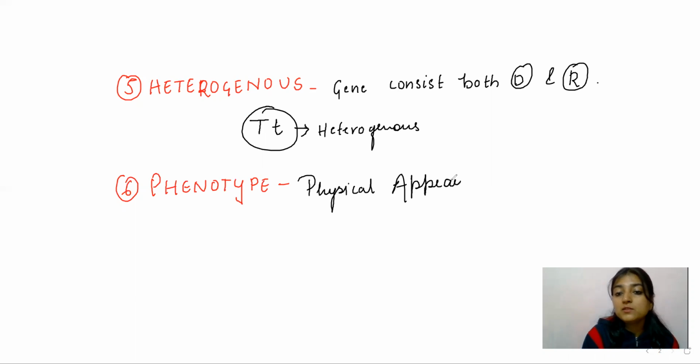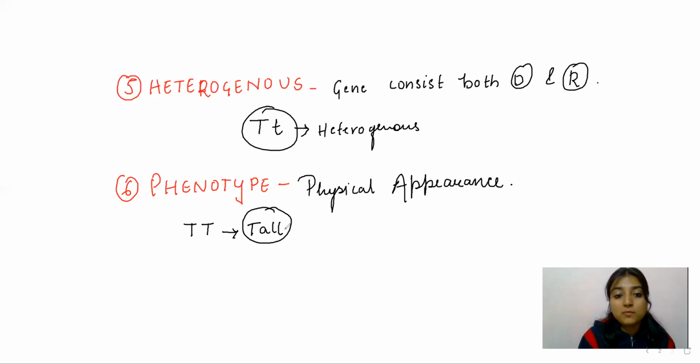Let us take the example of a tall plant, with alleles capital T, capital T. This is showing the characteristic of a tall plant, so tall is the phenotype of this gene.